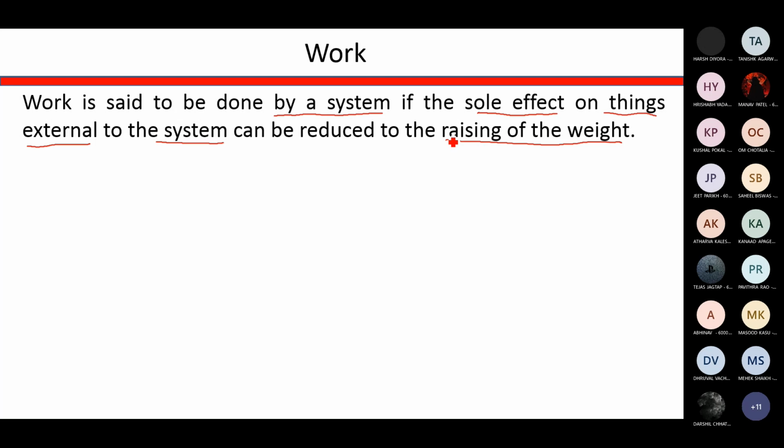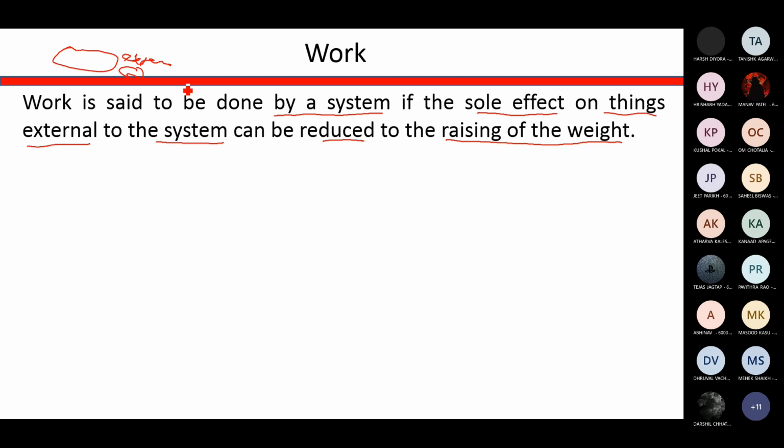So this is our definition of work. So I have a system like this, and the sole effect external to this system can be reduced to the raising of a weight. Then I will call that work has happened, or thermodynamic work is there.